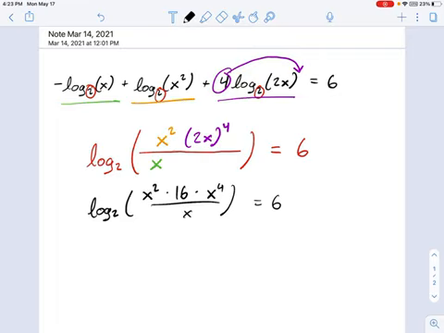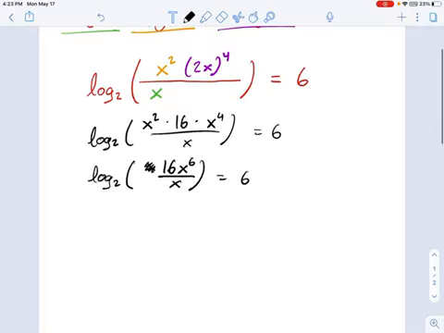And you can see there's some things in here that are going to simplify. Let's just do that really one step at a time. x squared times x to the 4th, that's x to the 6th. It's going to be 16x to the 6th divided by x. And an x cancels out from both of those. So I get log base 2 of 16x to the 5th equals 6. And that's about as simplified as I can make this.